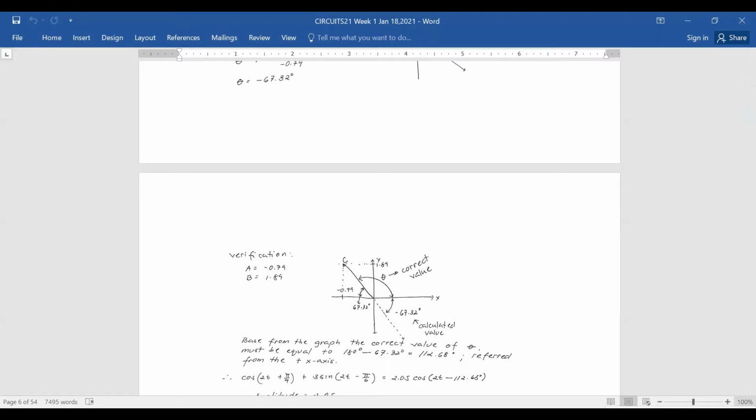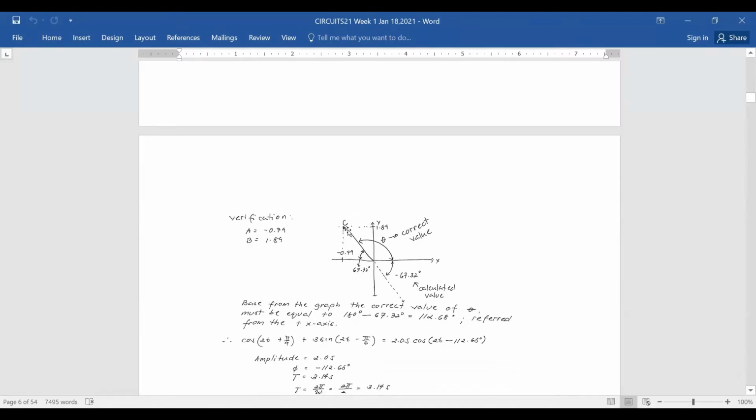From there, we can say that the phase angle of the sum of the two sinusoids, cosine and sine, having the same angular frequency, is negative 112.68, not positive 112.68.